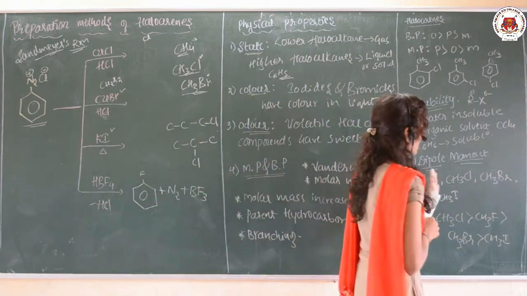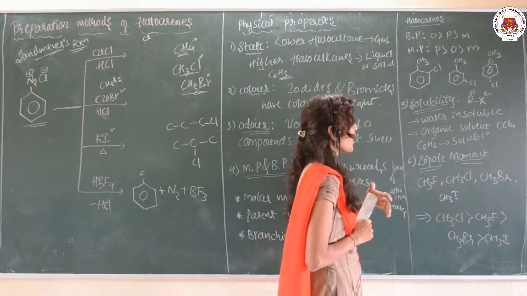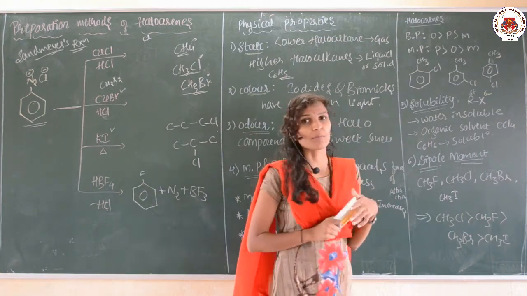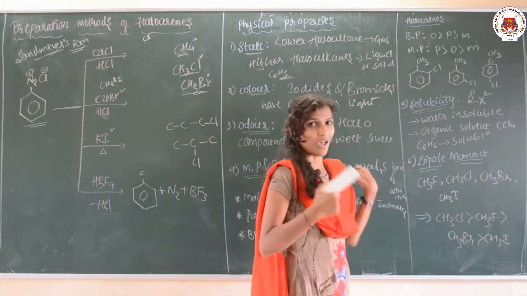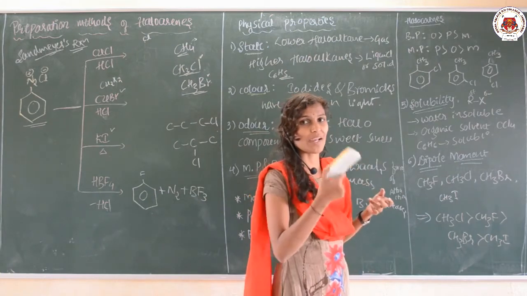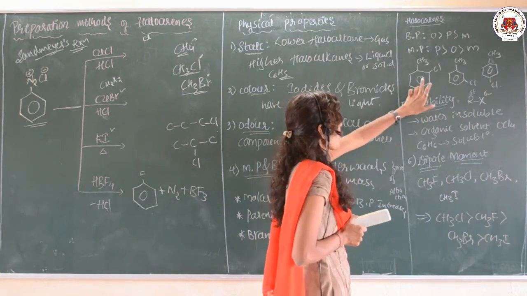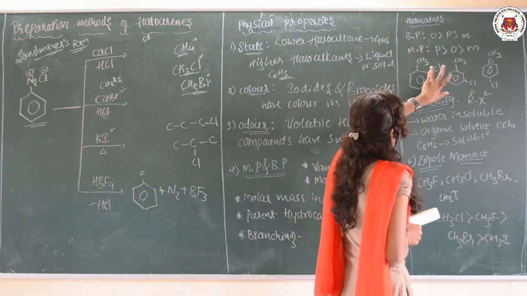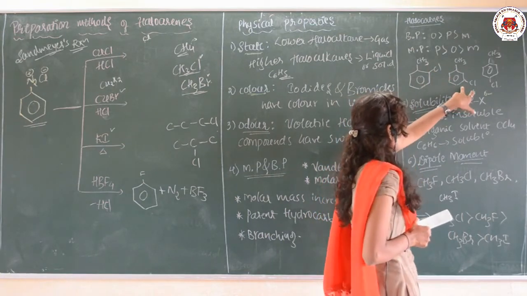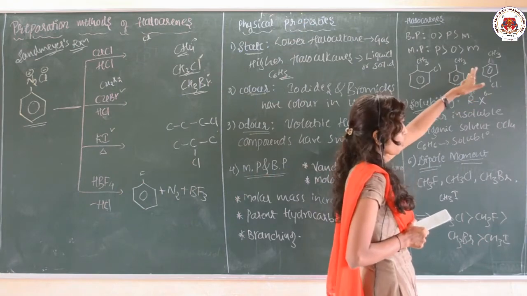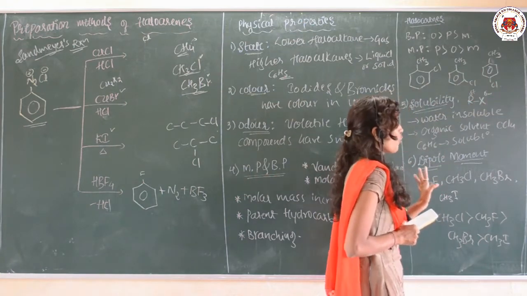Next, in case of haloarenes, when we are talking about the boiling and melting point, here we are going to particularly take the positions. I said you which is the ortho, para and meta position. Here let me compare these three. This will be the ortho, this will be the meta, that is metachlorotoluene, and this will be the parachlorotoluene.